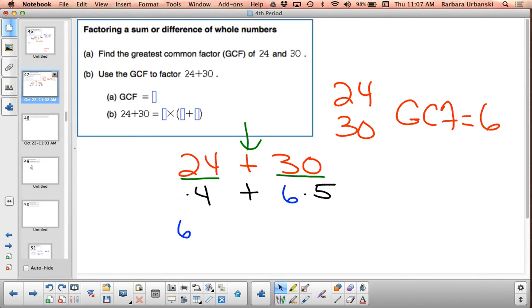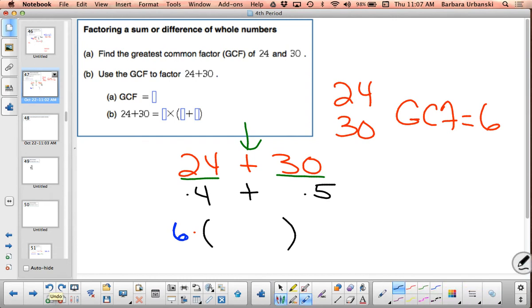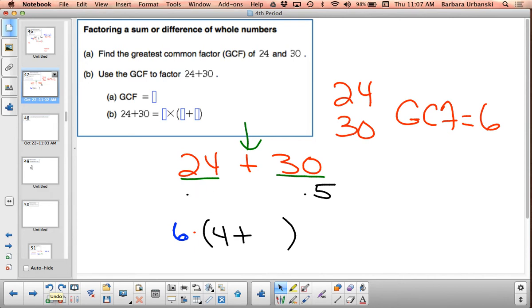So I'm going to take the 6 out of here. I just pulled out that common factor, and we know that it's being multiplied. So we could put a little dot for multiplication, or we could just simply put our parenthesis, which implies multiplication. And then we look at what's left. Well, what is left? We have 4, our sign of operation, addition, and the 5.